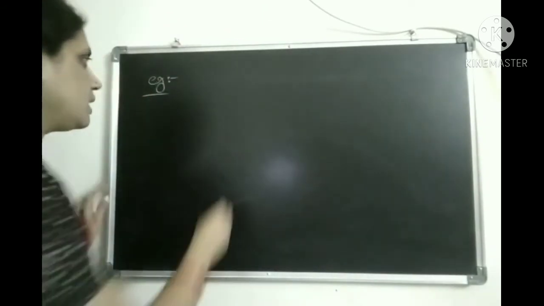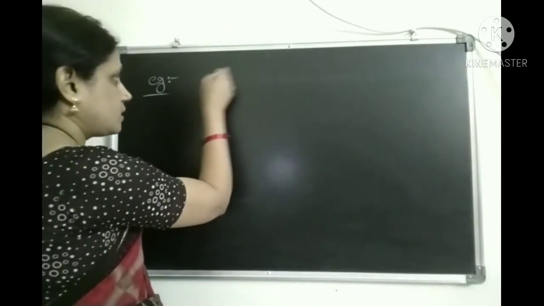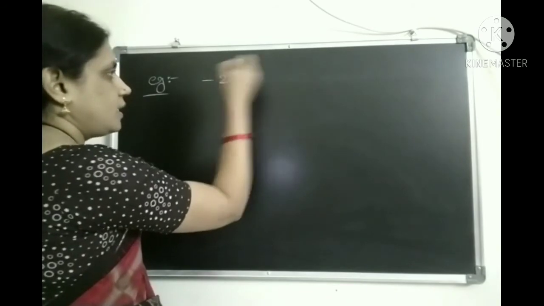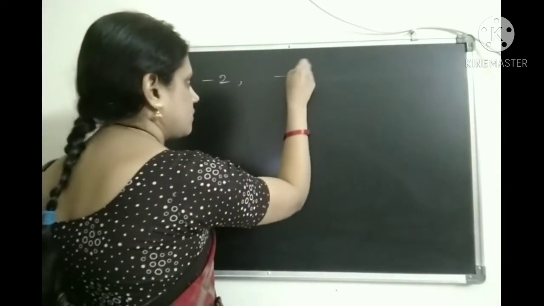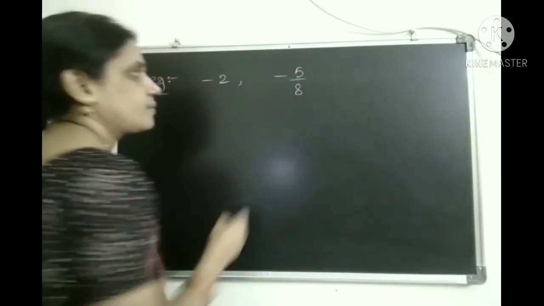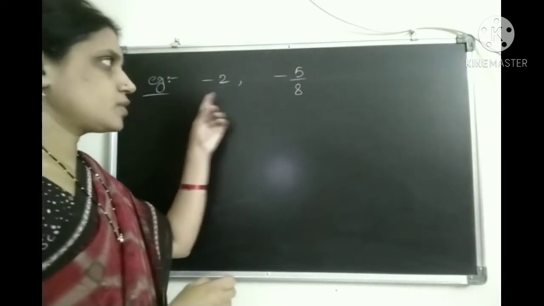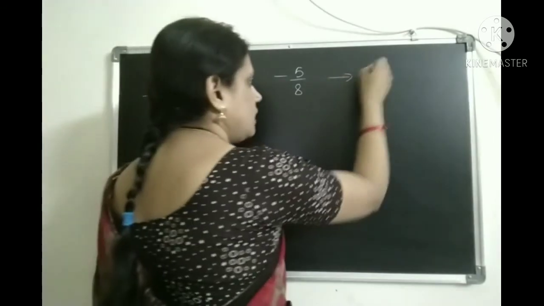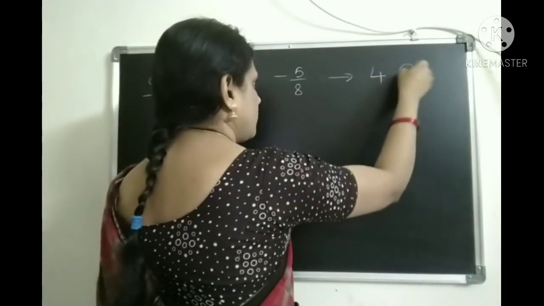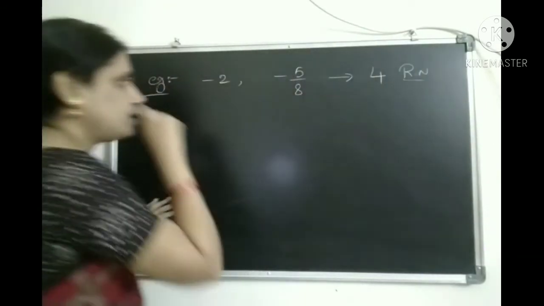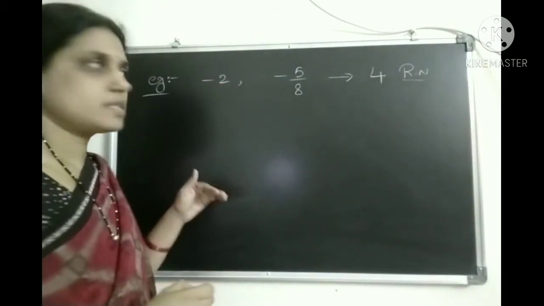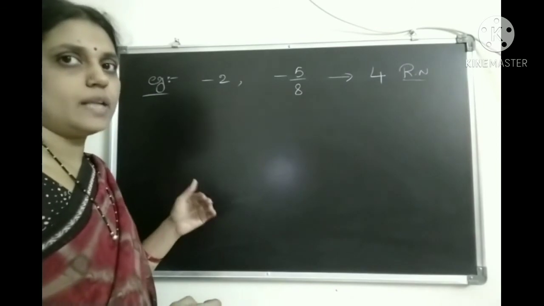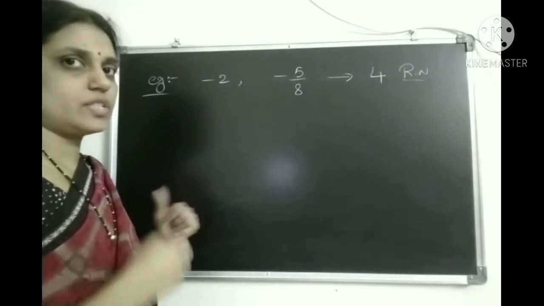For example, take one whole number, minus 2, and one rational number, minus 5 by 8. In between minus 2 and minus 5 by 8, you have to write any 4 rational numbers. How to write them, let us see. As we discussed, we take the LCM and make them like rational numbers.